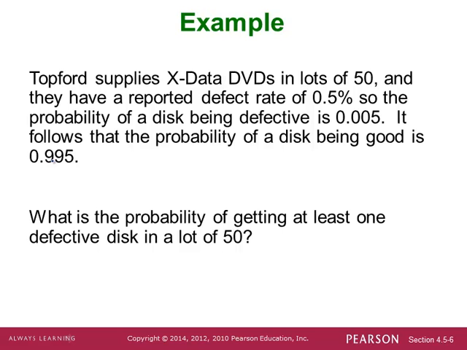So suppose that we were to take a random sample of 50 DVDs from the assembly line. What's the probability that at least one of those DVDs is defective? And what we mean by at least one is that either 1 is defective, or 2 are defective, 3 are defective, 4, 5, up to 50.